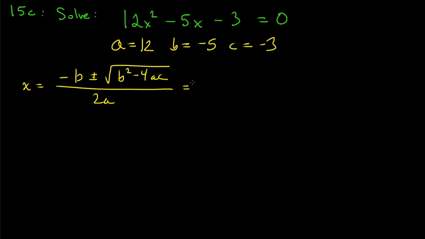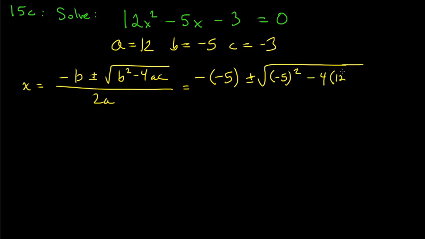Now plugging in the numbers, right? B is negative 5, so we have negative 5 plus or minus the square root of negative 5 squared minus 4 times a, which is 12, times c, which is negative 3. And then the whole thing divided by 2 times a, so 2 times 12.